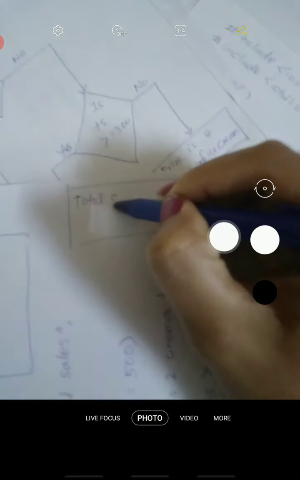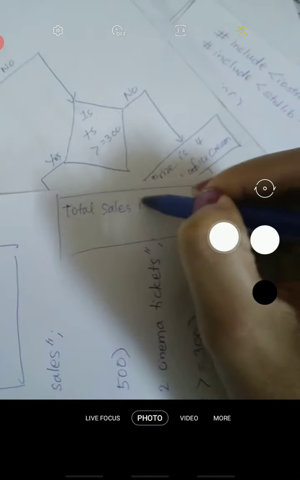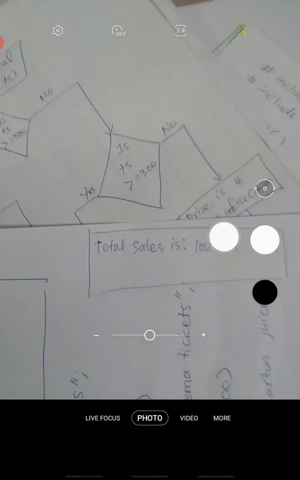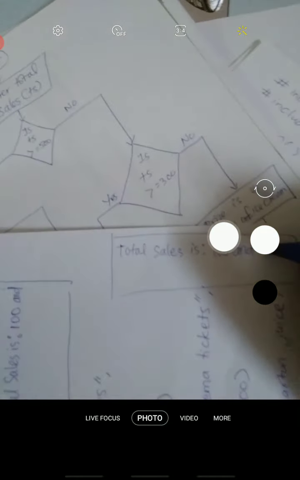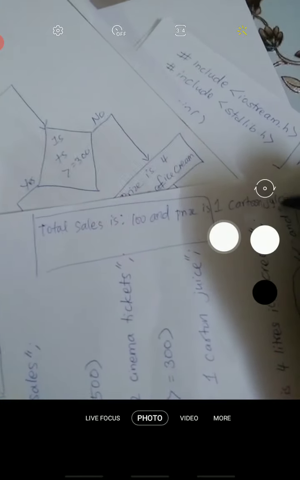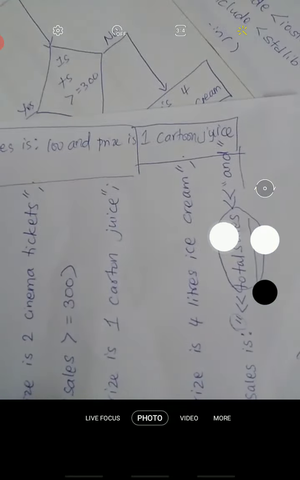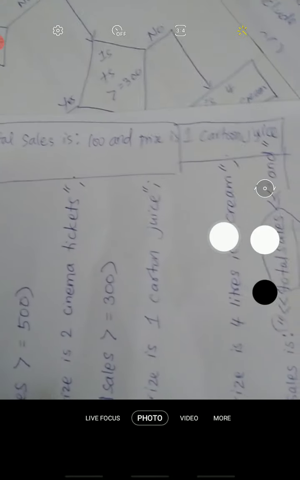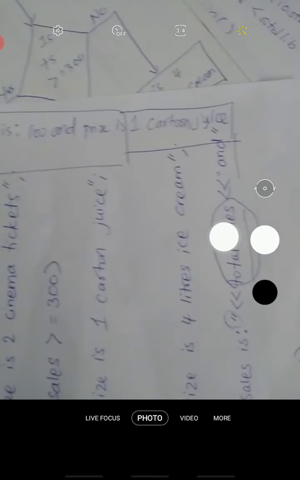Total sales is 100, and for example the price is 1 carton juice. Okay, this is what will be displayed on the output screen: total sales is 100 and price is 1 carton juice.